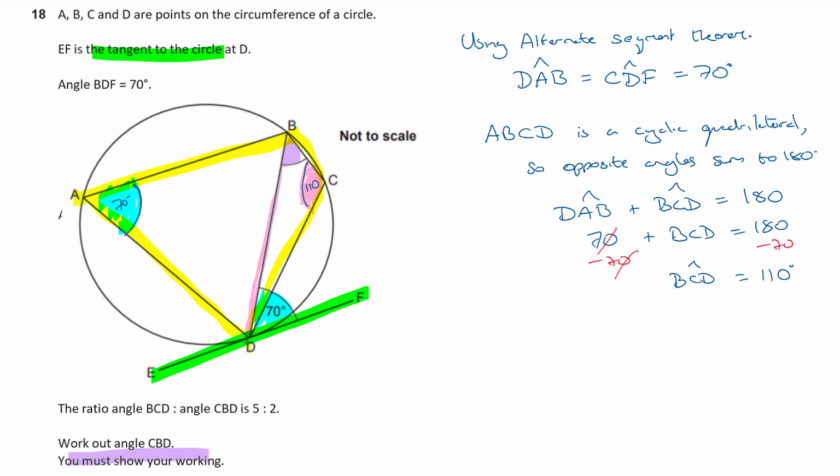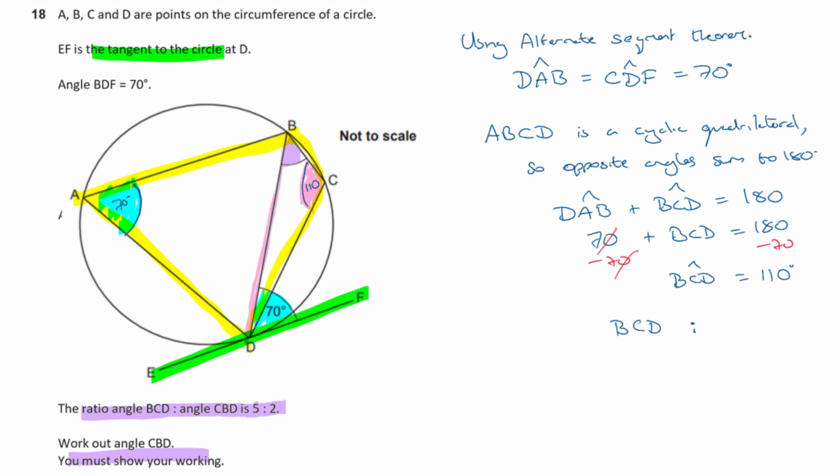And then finally, we said we can use this ratio down here that says the ratio of angle BCD to angle CBD is 5 to 2.